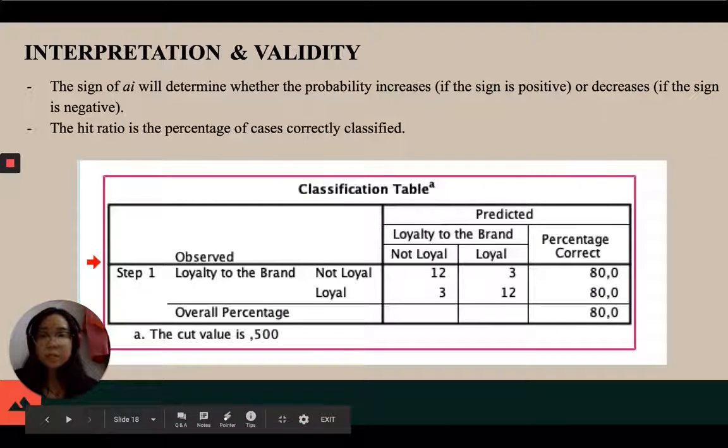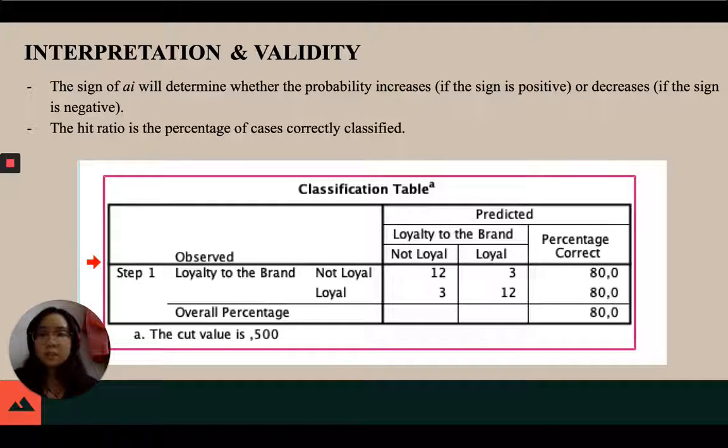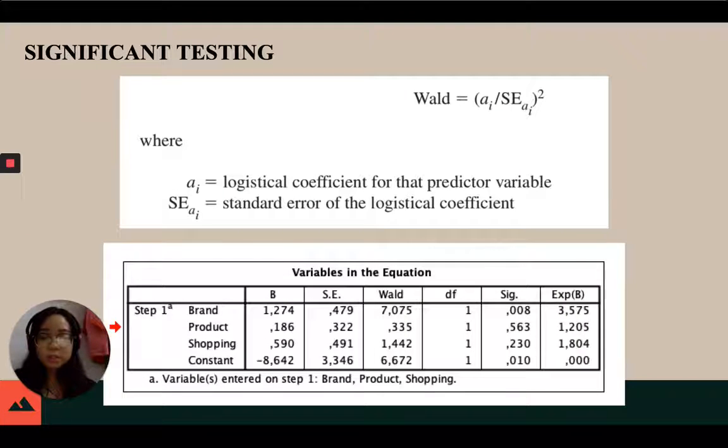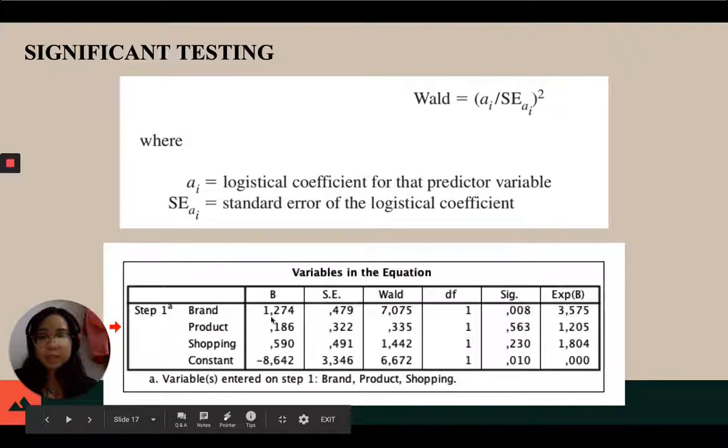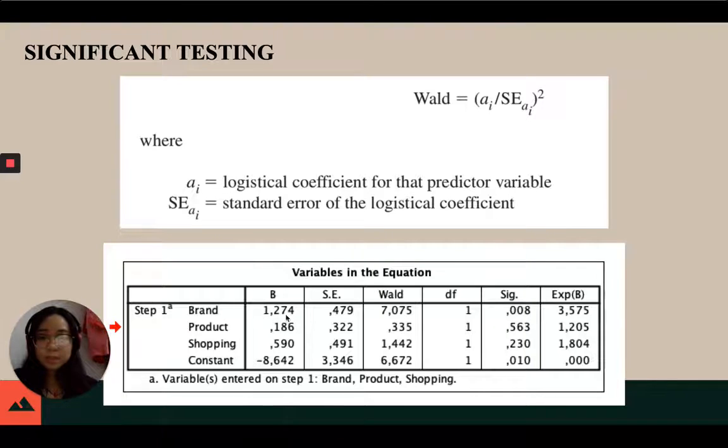Alright, interpretation and validity. The sign of the parameter will determine whether the probability increases if the sign is positive or decreases if the sign is negative. So we come back to the last slide. The parameter of brand is positive, so we can say that if the attitude toward the brand increases, the brand loyalty will also increase.